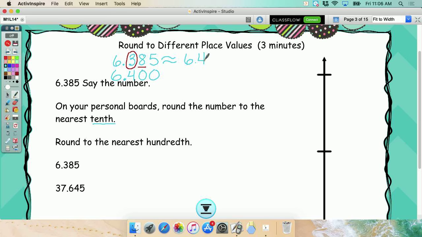The next number we're going to round, so I want you to write it, okay? Write down 37 and 645,000. Okay, we're going to round it to the nearest hundredth, okay? So which digit is in the hundredths place? The 4.